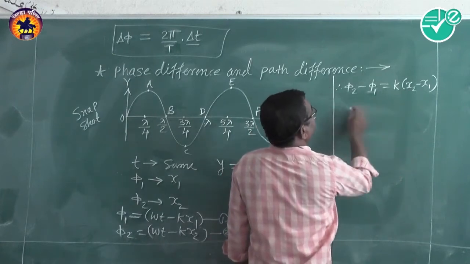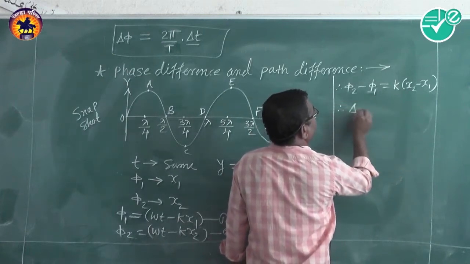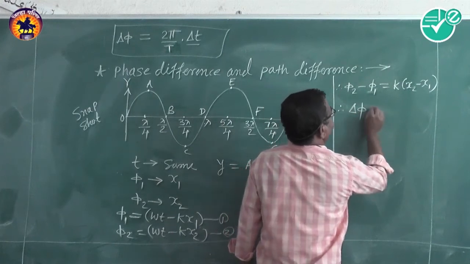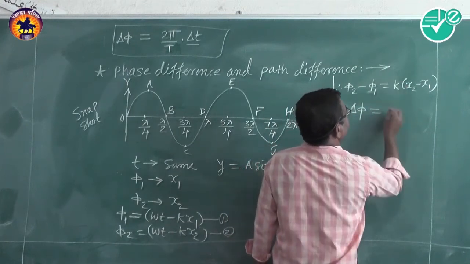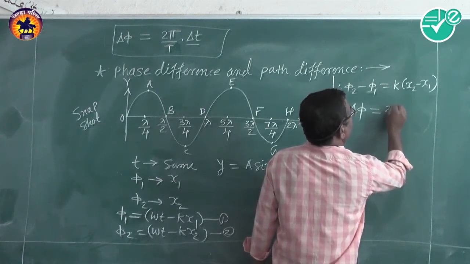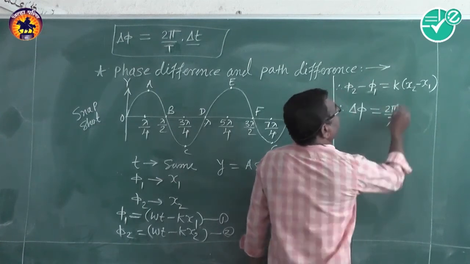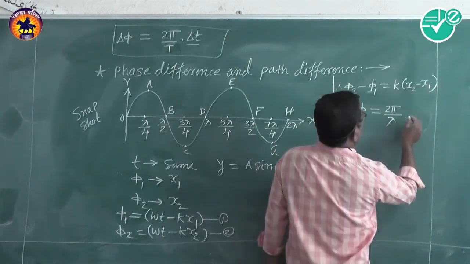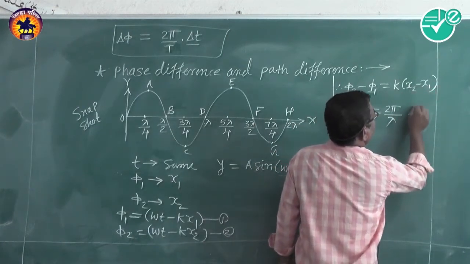This difference we consider as delta phi, which means this is the phase difference. It is equal to k, where k is the propagation constant, equal to 2 pi upon lambda, times x2 minus x1, which is nothing but delta x.